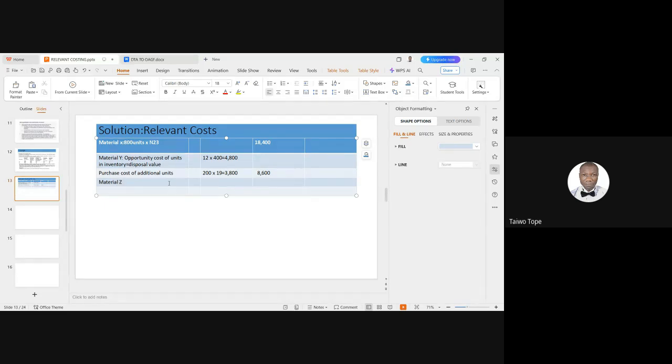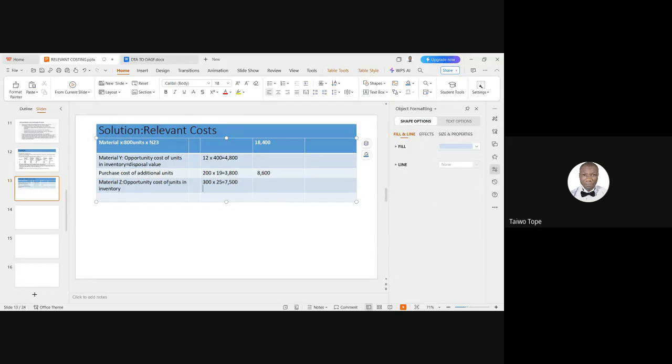For material Z now, we also have opportunity cost there. Opportunity cost of units in inventory, 300 multiplied by 25. We have 7,500.